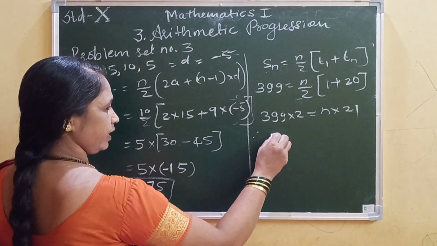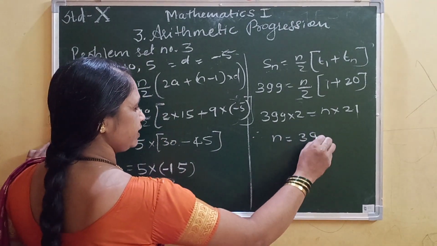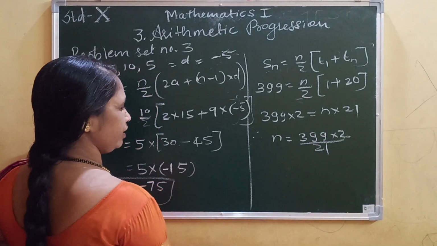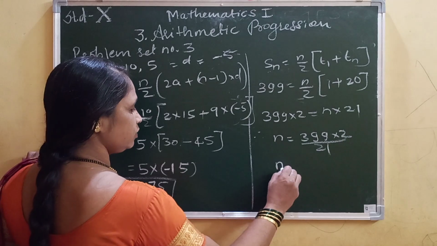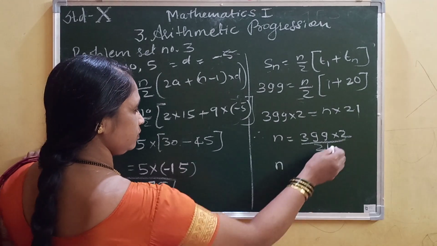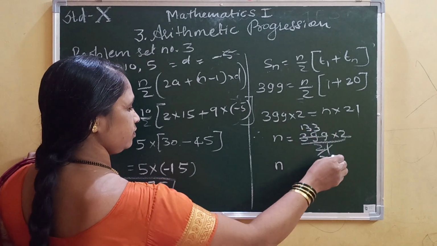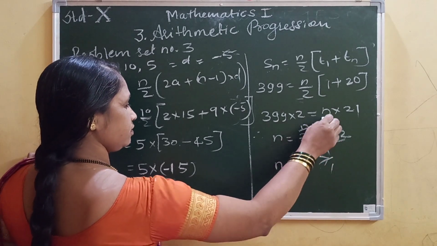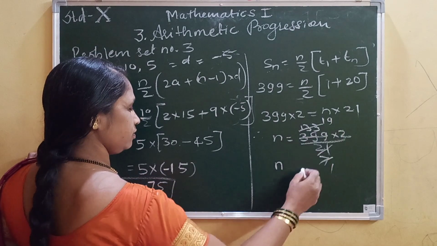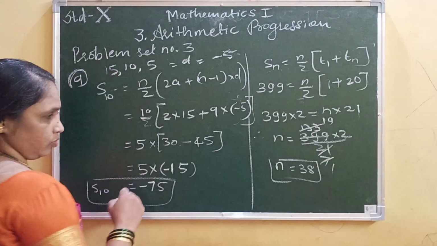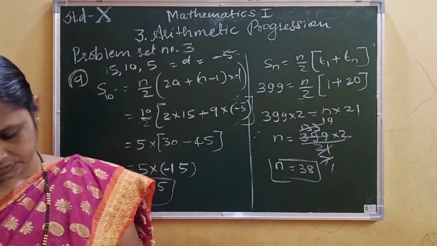Therefore, n is equal to 399 into 2 upon 21. So n is equal to 38.